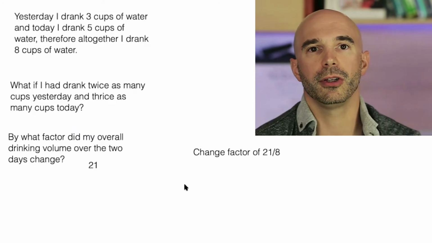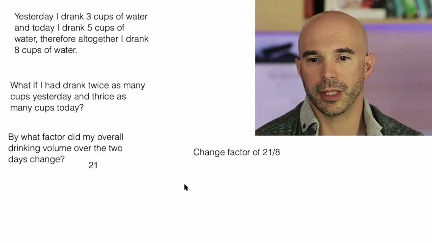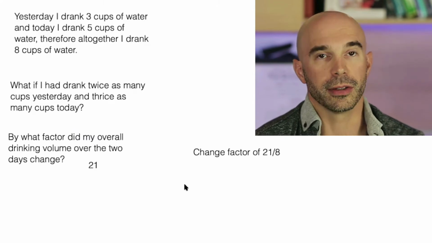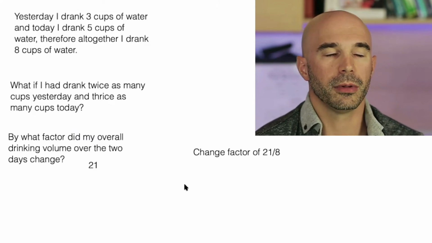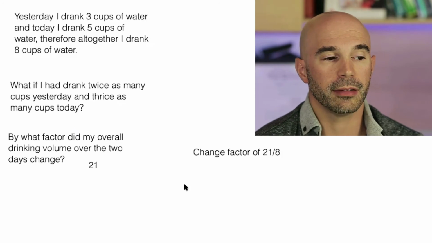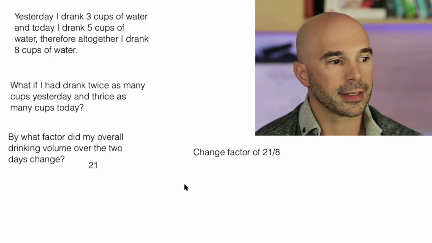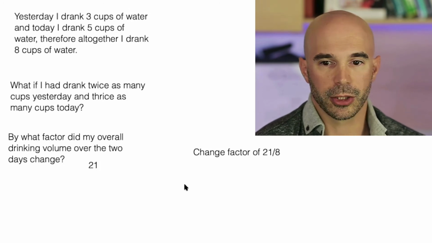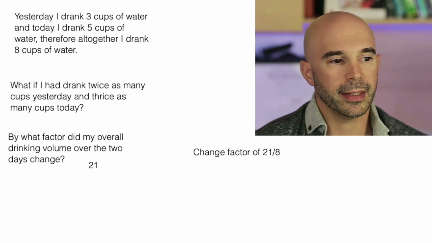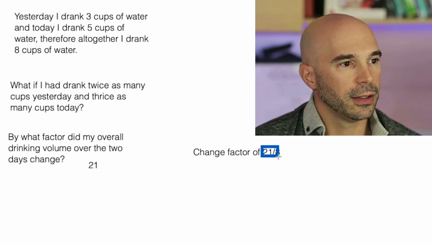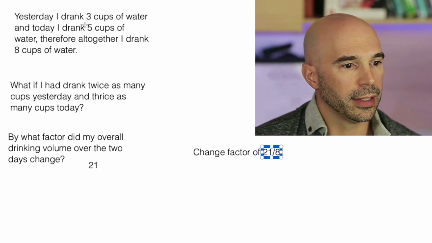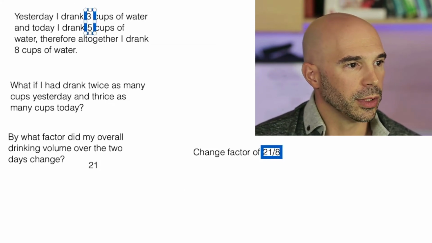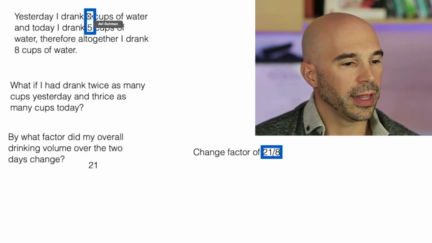The total volume of water that I drank over the 2 days would have been multiplied by 21/8 if I had drunk twice as much yesterday and thrice as much today. But we can't get that answer without knowing exactly what the numbers were here and here. We needed those numbers. Without them, we can't solve this.